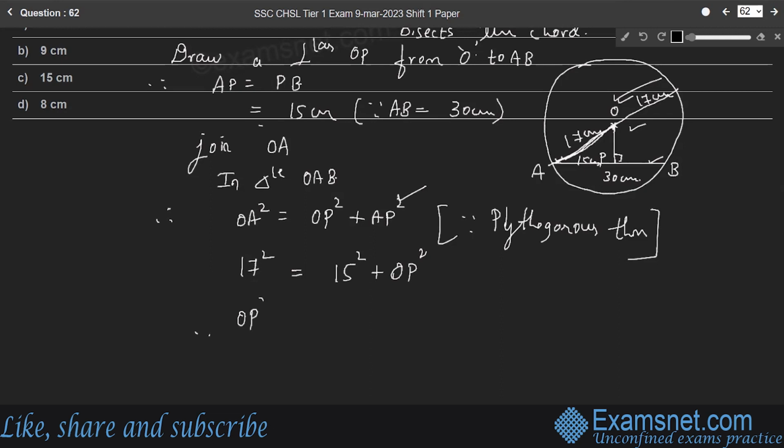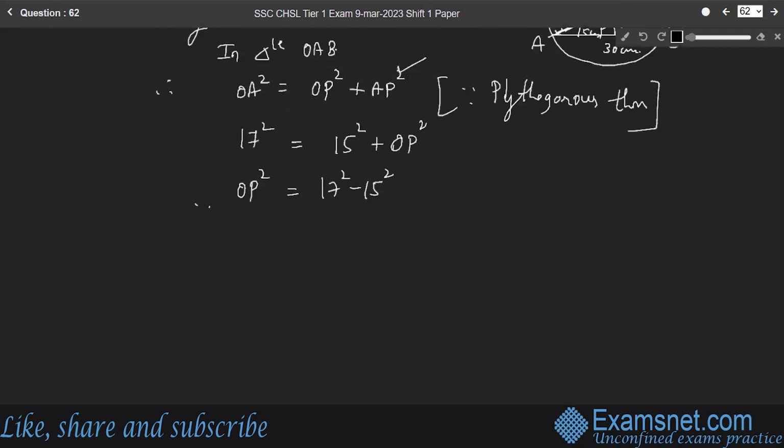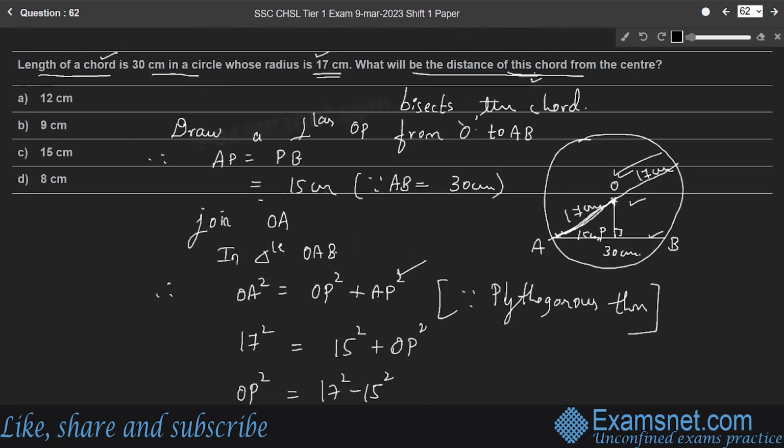Therefore, OP square is equal to 17 square minus 15 square. You can directly write the values: 17 square is 289 minus 15 square is 225. Otherwise, you can use the formula a square minus b square is a plus b into a minus b. So we get 64. Therefore, OP is root of 64, which is 8 centimeter. Therefore, the distance of the chord from the center is 8 centimeter. Therefore, option D is the right answer.